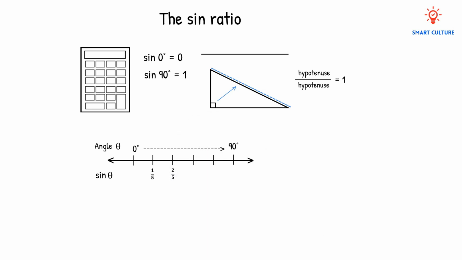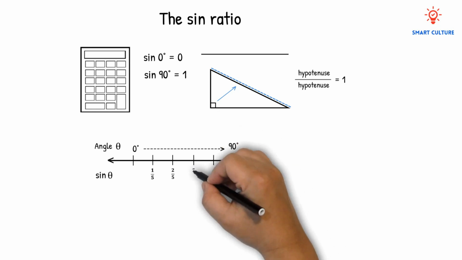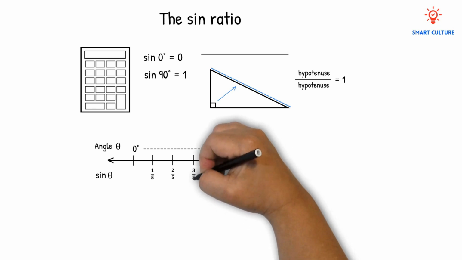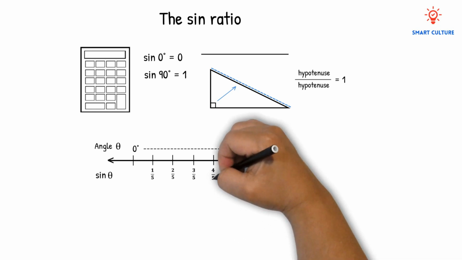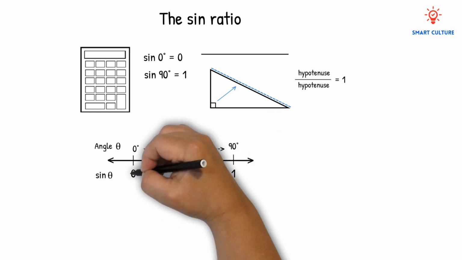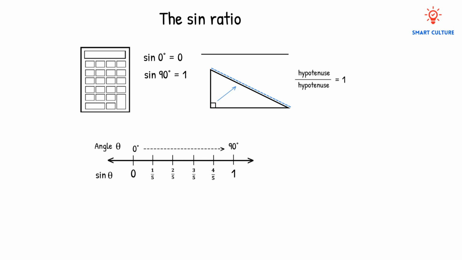Then the third triangle with the ratio 3/5 will be plotted even further. And then the last triangle with angle D will be plotted very close to the end, but not at the maximum value of 1. So this pattern visually illustrates that as the angle in a right triangle increases from 0 degrees to 90 degrees, the sine ratio also increases from 0 to 1.